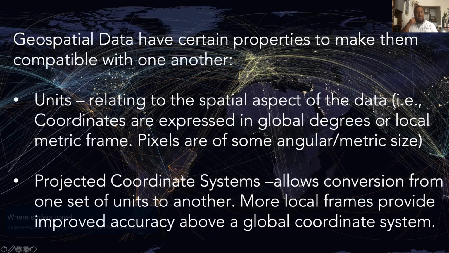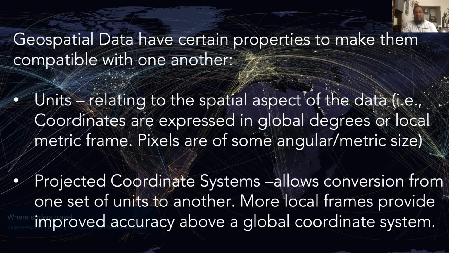So geospatial data have certain properties which make them compatible with one another. So units, which I guess is kind of basic, but relating to the spatial aspect of the data. So coordinates are generally expressed as a pair of numbers, and they're either expressed as global degrees, so an easting and a northing, or in a local metric frame, again, easting and northing.